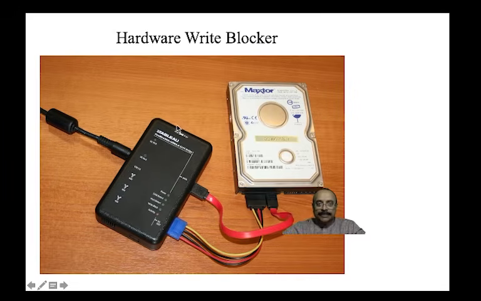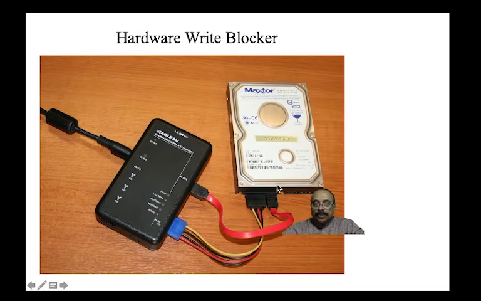If I connect this tool with the suspect hard drive and view the contents through my laptop or workstation, I can view the entire data within a few minutes, without altering anything on this disk, because it is a write blocker.